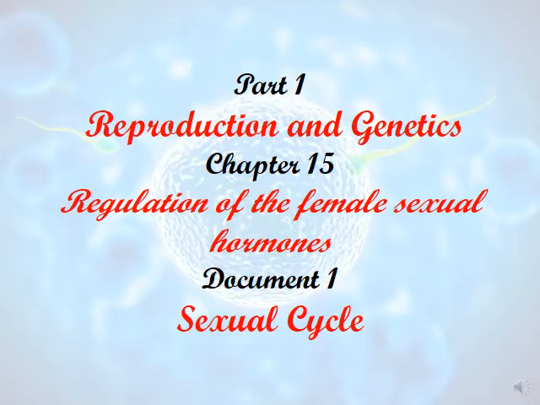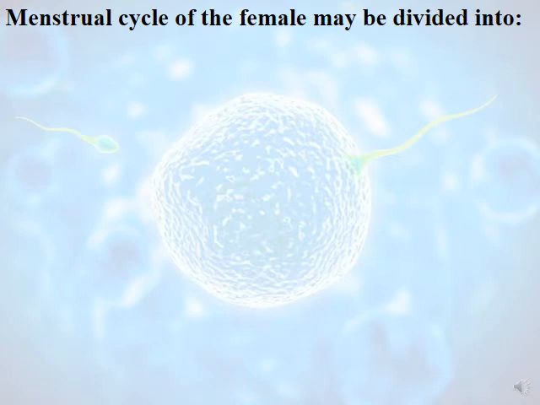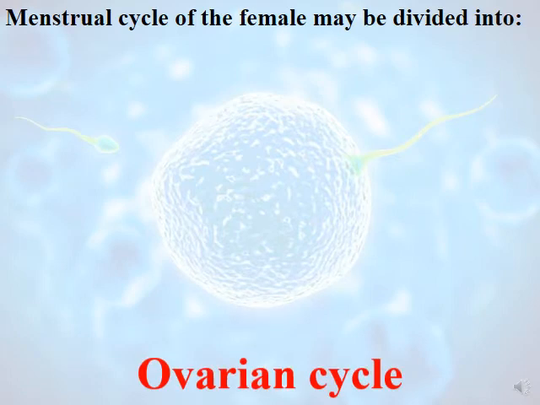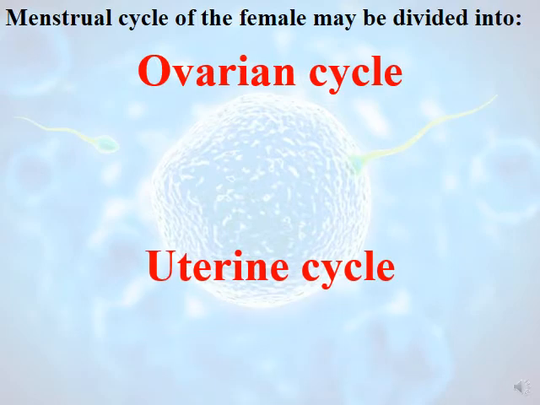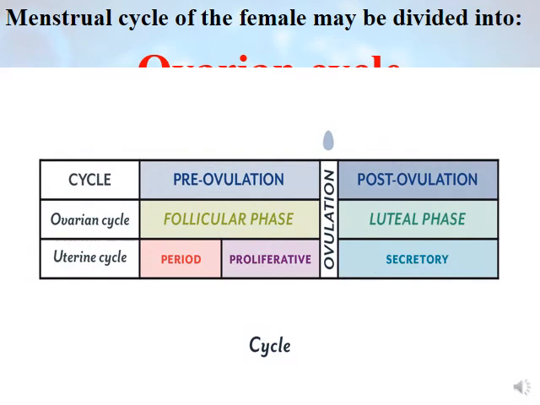Now let's move to chapter 15, regulation of the female sexual hormones, document 1, the sexual cycle. The menstrual cycle of the female may be divided into the ovarian cycle and the uterine cycle. The ovarian cycle is composed of the pre-ovulation phase and the post-ovulation phase.